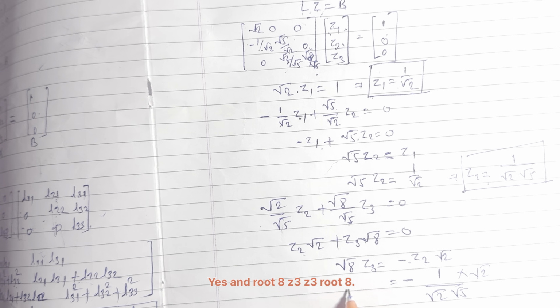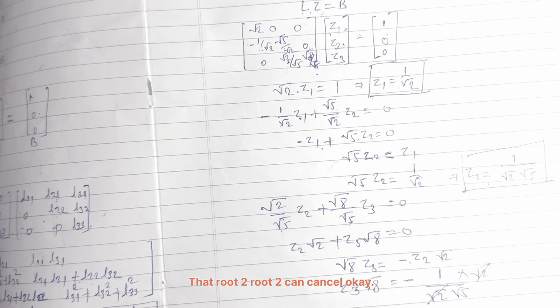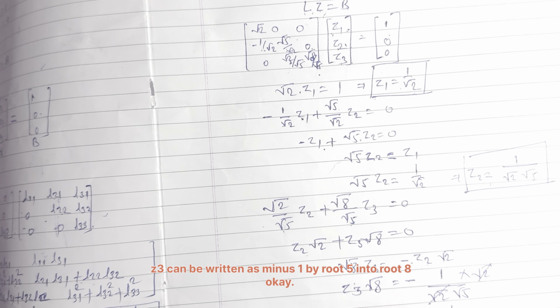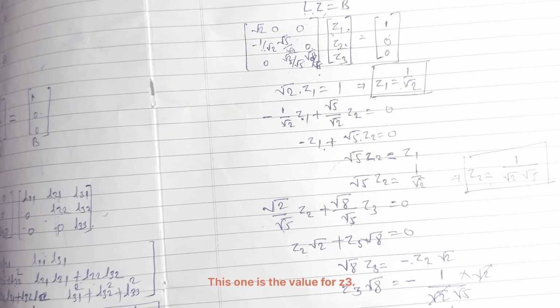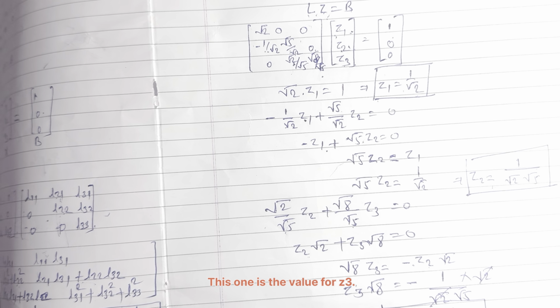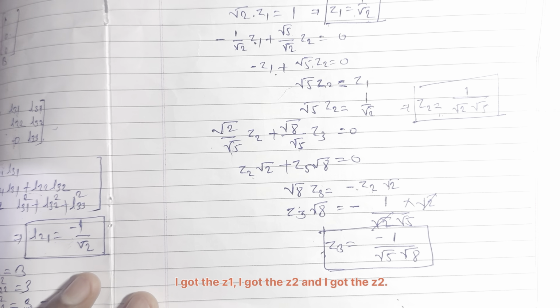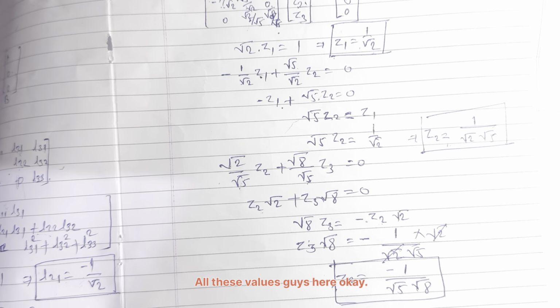In root 8 Z3, that root 2 can cancel. Z3 can be written as minus 1 by root 5 into root 8. This is the value for Z3. I got Z1, Z2, and Z3, all these values here.